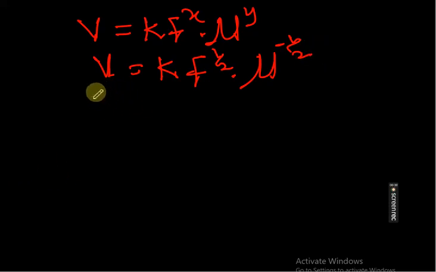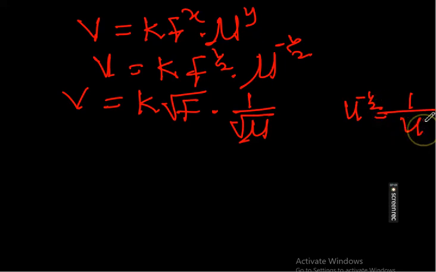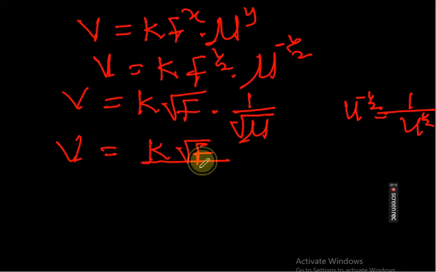Here now you have v equals k. 1 over 2 mathematically means square root, so you have square root of F multiplied by, this is a negative index, so it's going to be 1 over square root of mu, mass per unit length. Note, mu raised to power minus 1 over 2 is the same thing as 1 over mu raised to power 1 over 2. So here now you have v equals k, then root F over root mu.